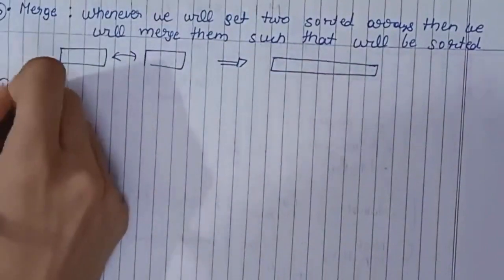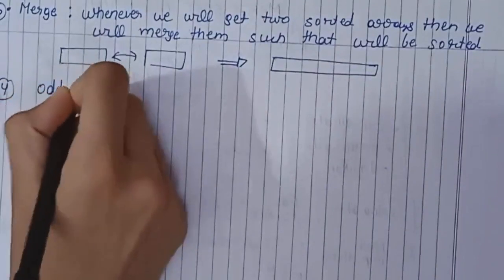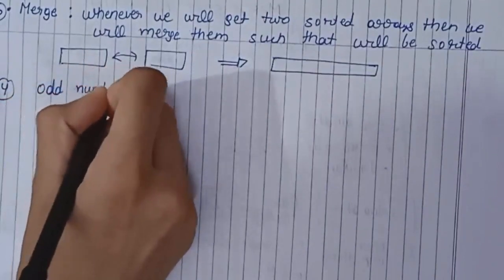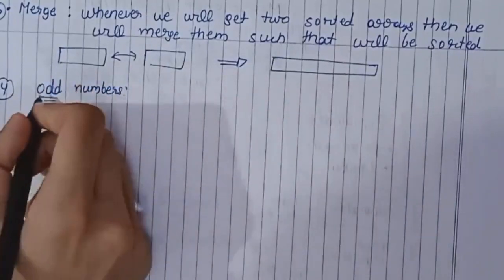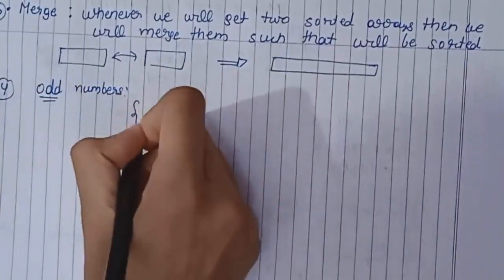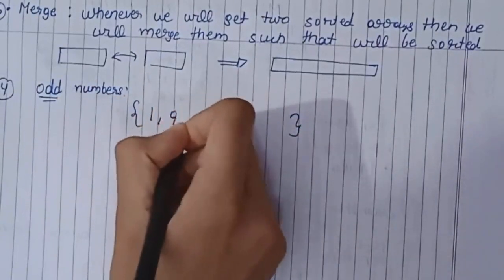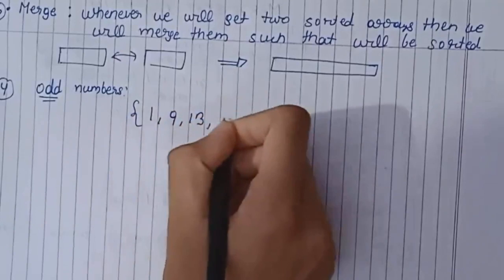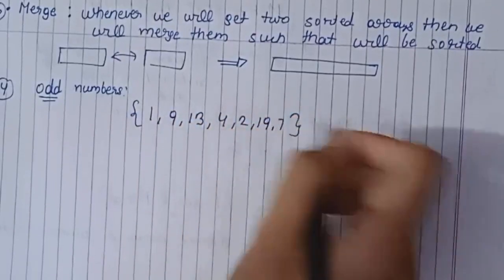Now the next thing that I want to talk about is, if you have an odd number of elements in your array, it means that the total number of elements in your array is odd, let's say 1, 9, 13, 4, 2, 19, 7.